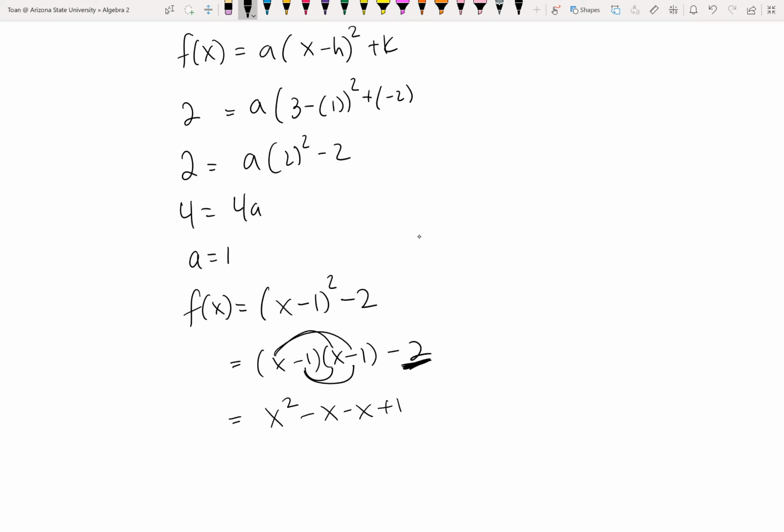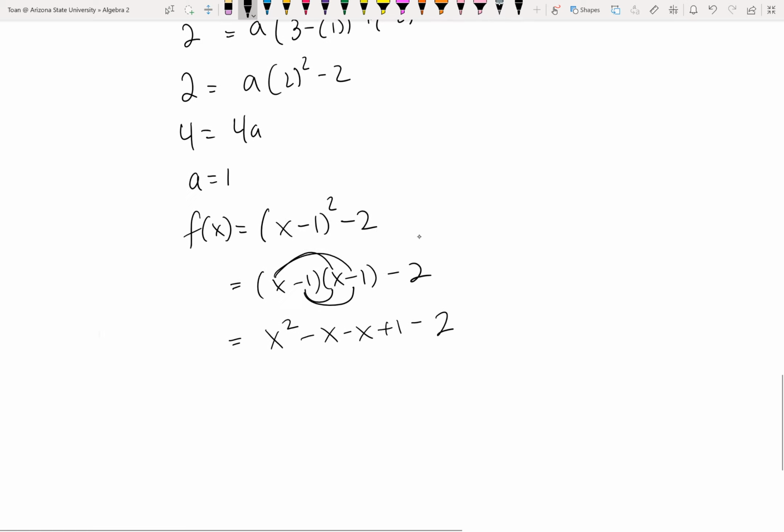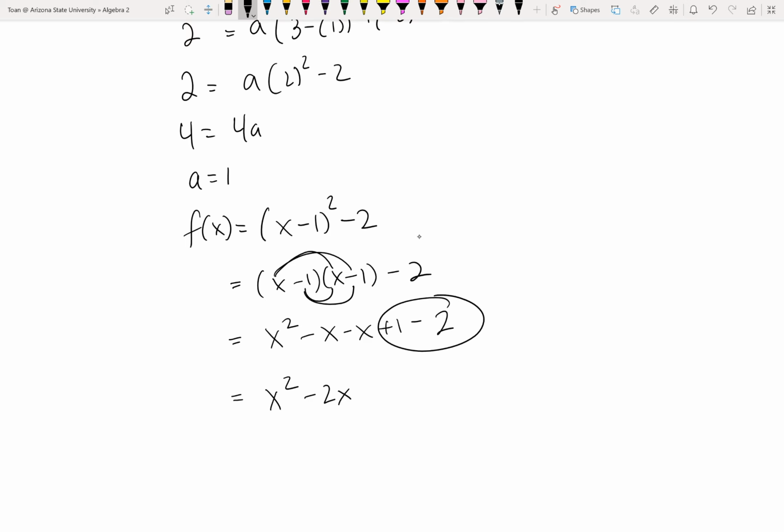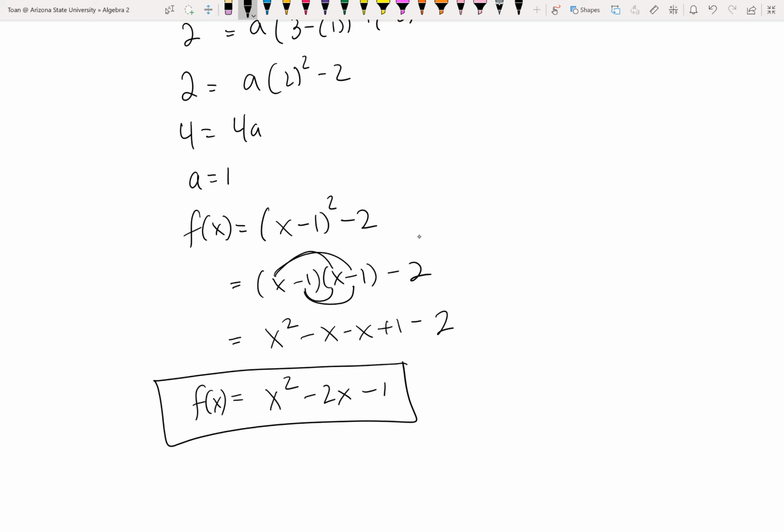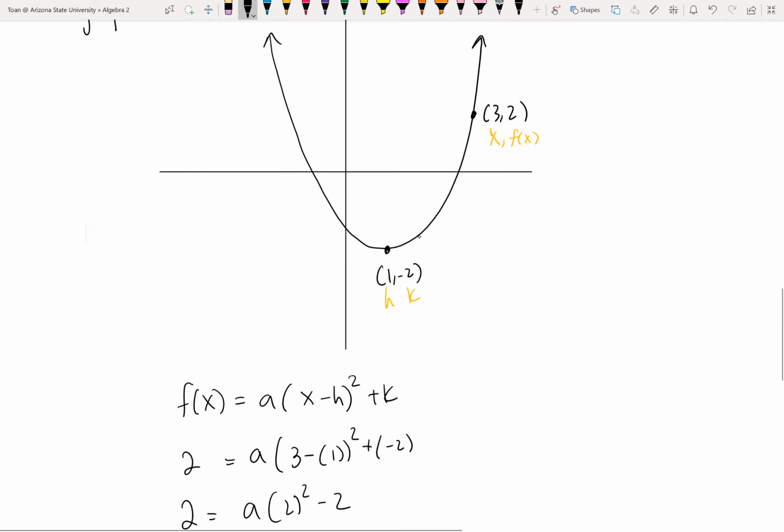And don't forget your minus 2 here. Any part of your problem that you don't do, just keep bringing them down. Oops, that should be a 2. And then combine like terms. So that's x squared minus 2x. And these guys combine to a minus 1. There we go. This is the equation in standard form for this graph.